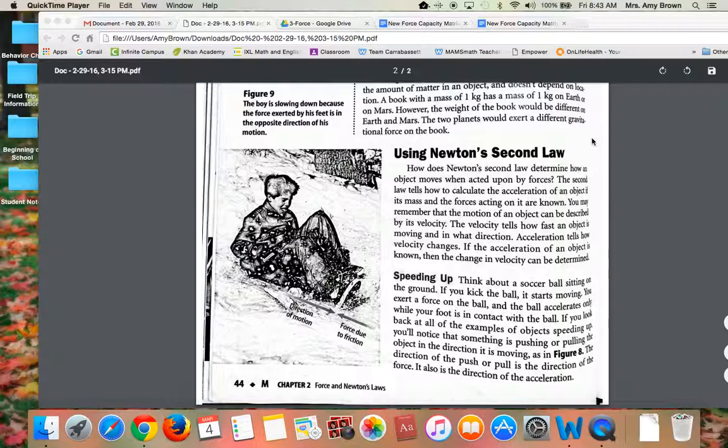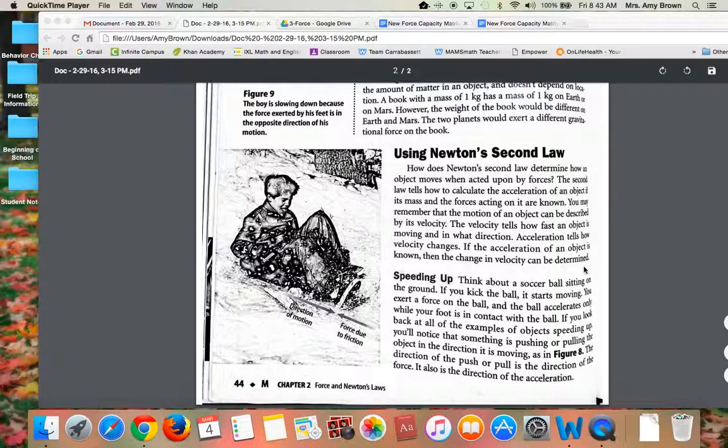The next section is speeding up. Think about a soccer ball sitting on the ground. If you kick the ball, it starts moving. You exert a force on the ball, and the ball accelerates only while your foot is in contact with the ball.